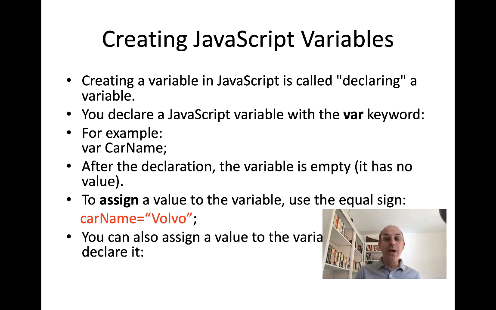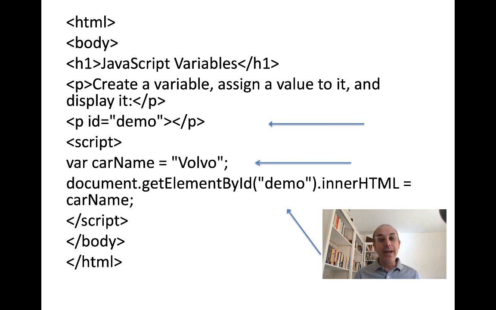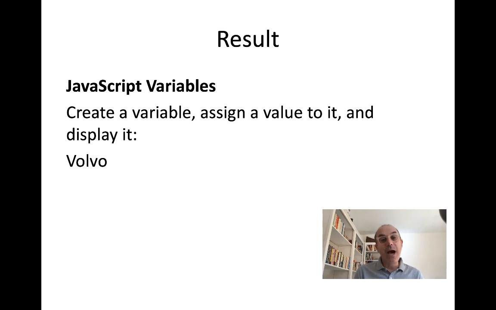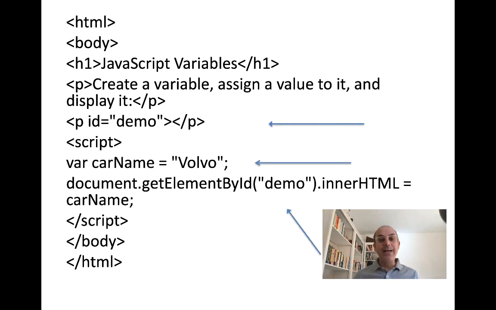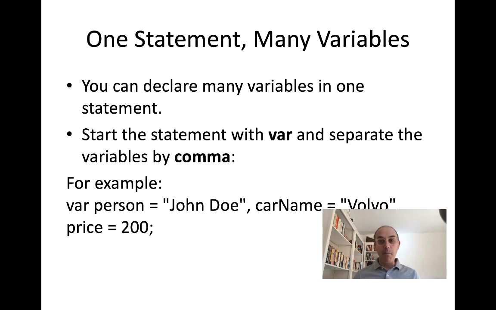So you need to assign a value, for example, Volvo. That makes it more meaningful for JavaScript to be displayed and run as code. So again, I declare the variable and use the demo to demonstrate the car name. This is how it is created, and it will display Volvo as I show in this example.